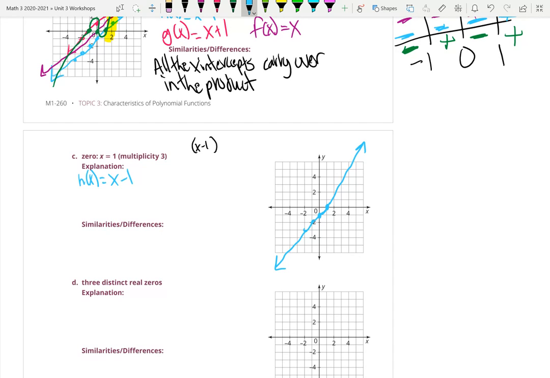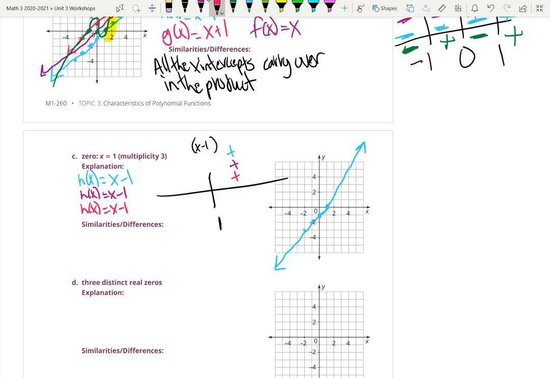Okay, now I need this to have a multiplicity of 3. I'm going to just multiply it by the same line 3 times. I'm going to have h of x, and then I'm going to have another h of x. So all of these lines are going to be the same. So when I'm looking at the behavior, really I just look at 1, and they're all going to be the same. Here they're going to be positive, positive, and positive.